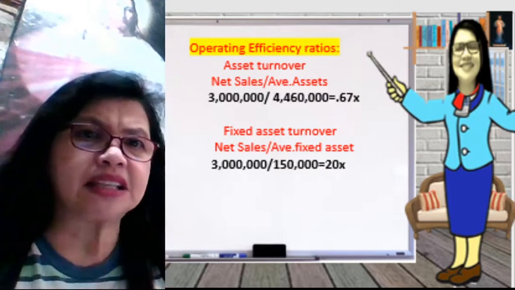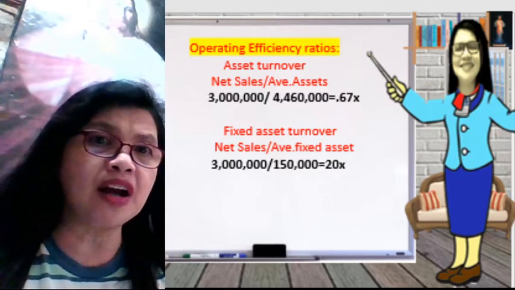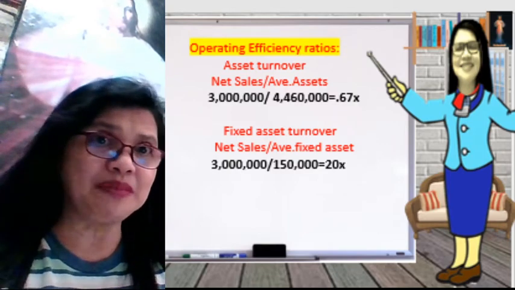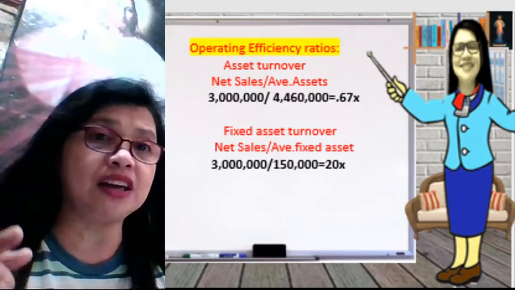The net sales is 3 million and the average assets is 4,460,000. So it's less than one time, it is 0.67 times.